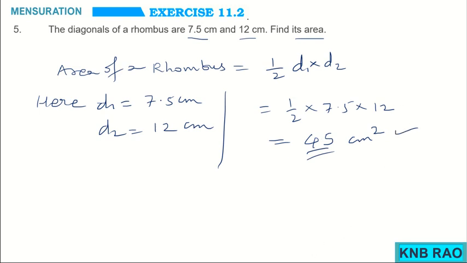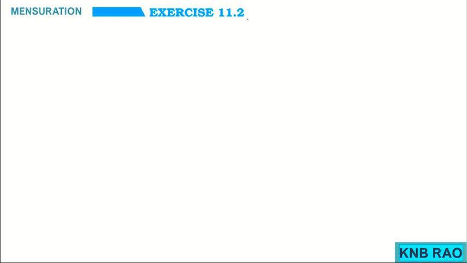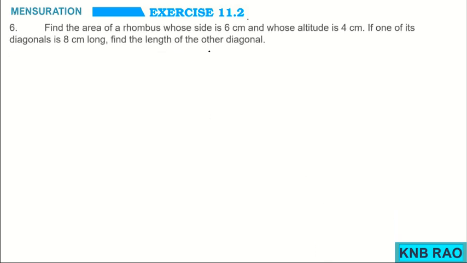Moving on to the next question, question number 6. In question number 6, find the area of a rhombus whose side is 6 centimeter and whose altitude is 4 centimeter. So children, here we have a rhombus where all sides are equal and we don't know the diagonal length.